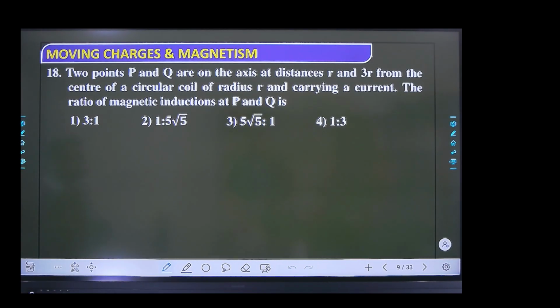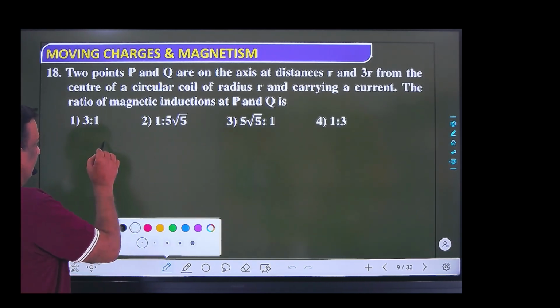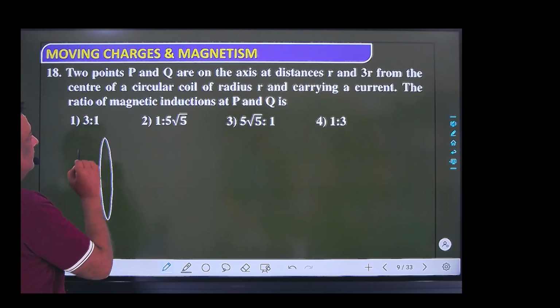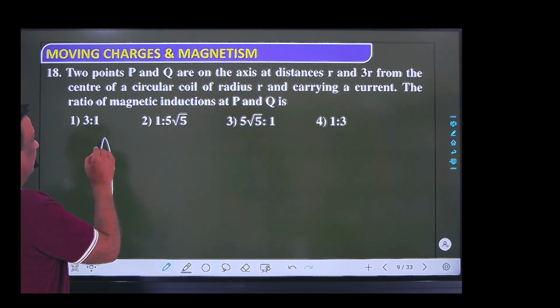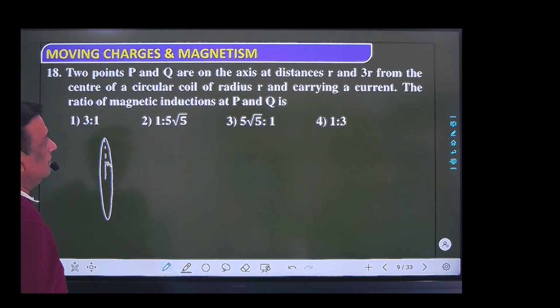Two points P and Q on the axis are at distances r and 3r from the center of a circular coil of radius r carrying current. Find the ratio of magnetic induction at P and Q. We are given two points. Say a circular coil of radius r, with two points at distances r and 3r from the center.